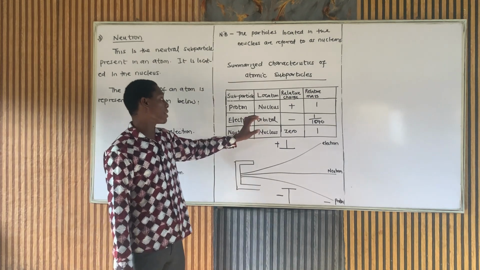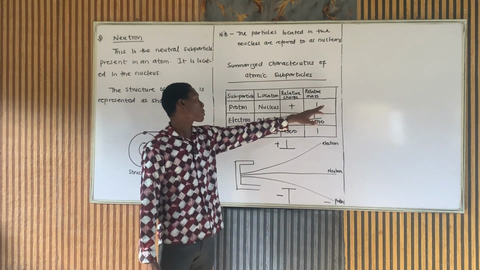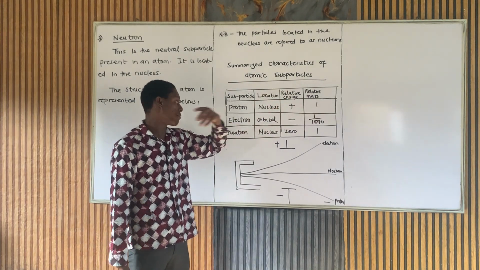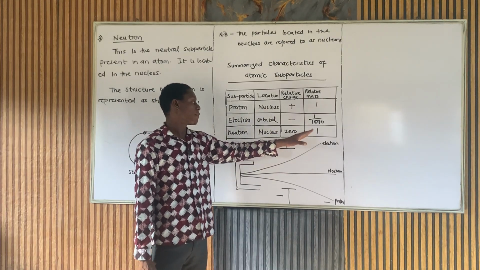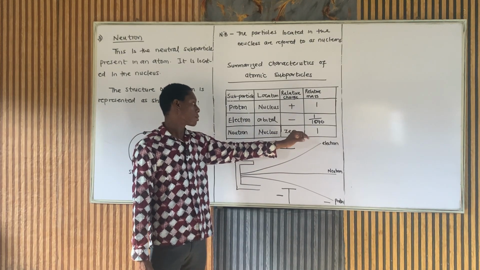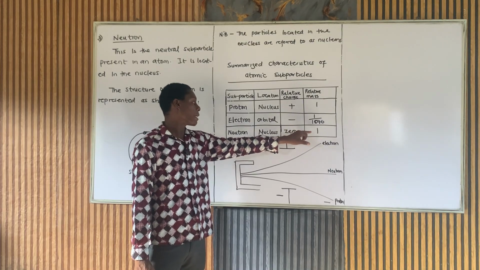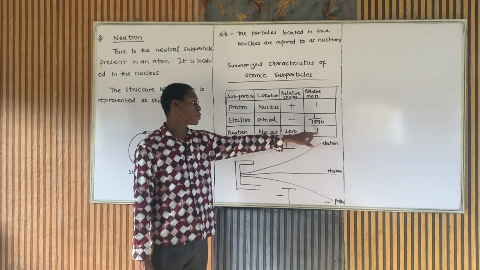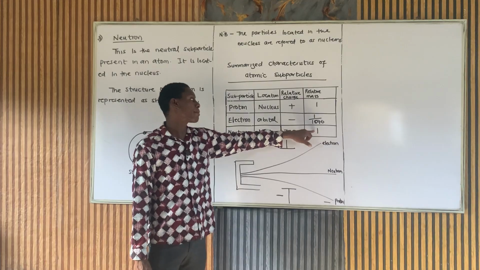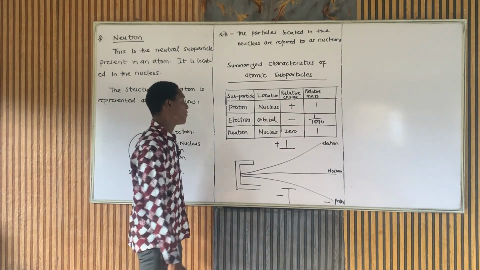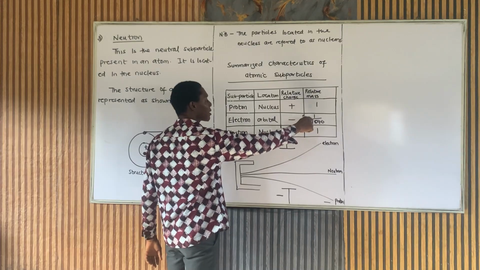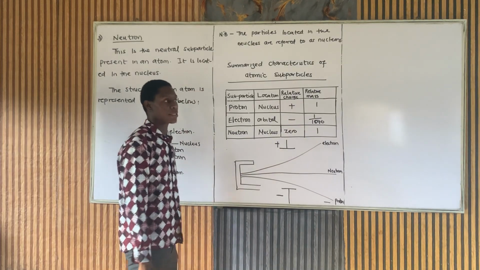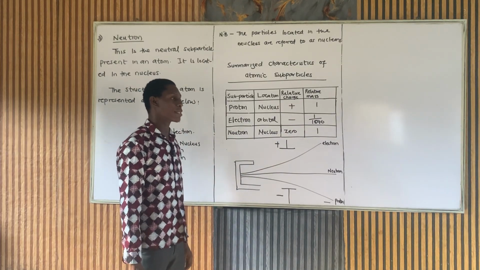If you look carefully here, you see that the relative mass of the proton is just 1. That's compared to others, for instance the neutron. And then the relative mass of the neutron is also 1 compared to the proton. And the relative mass of the electron compared to the proton is about 1 over 1,840.